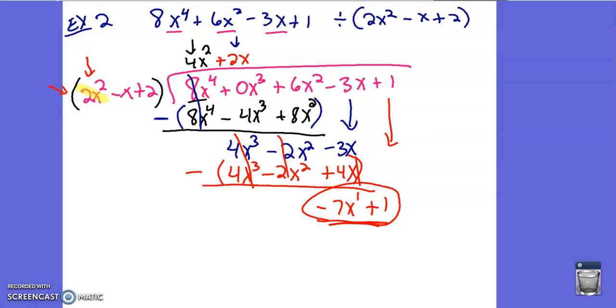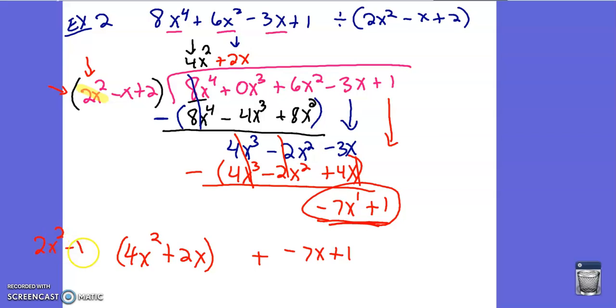So I have 4x squared plus 2x, and then I literally have the remainder of negative 7x to the first plus 1 left over to the side. And remember, this is divided by the divisor here.